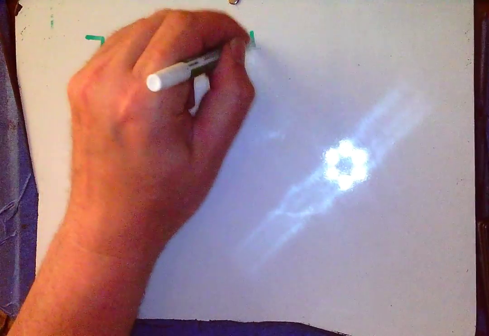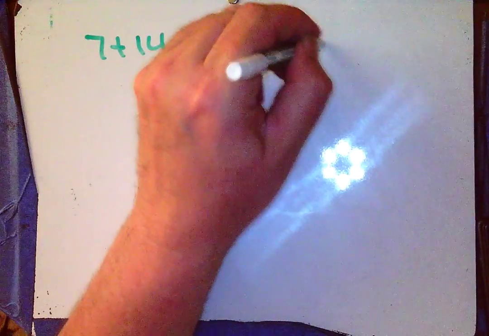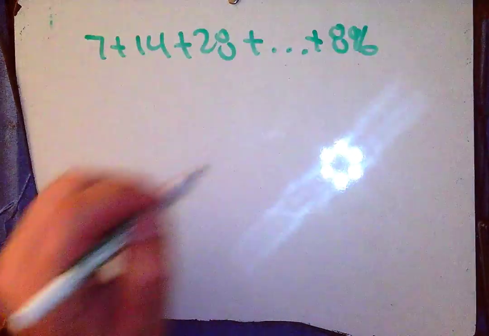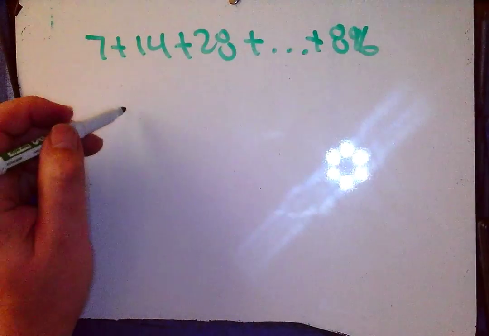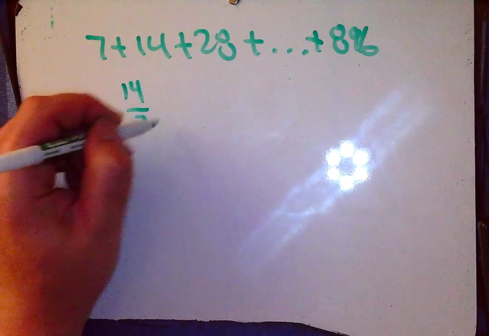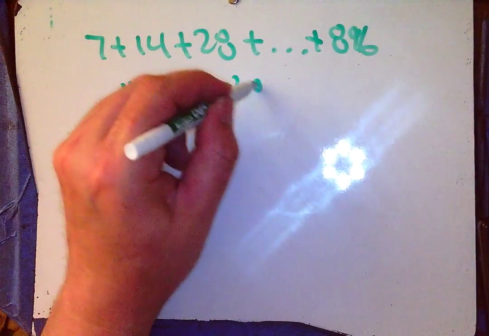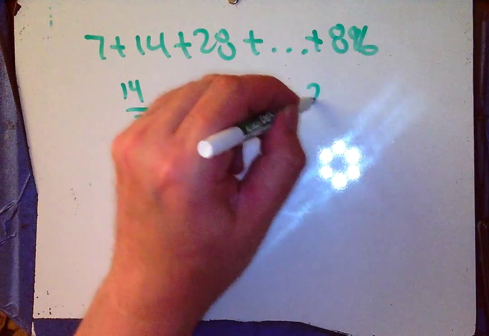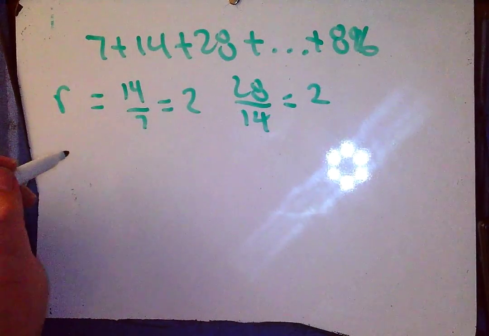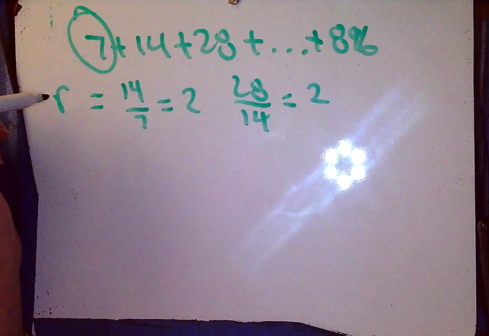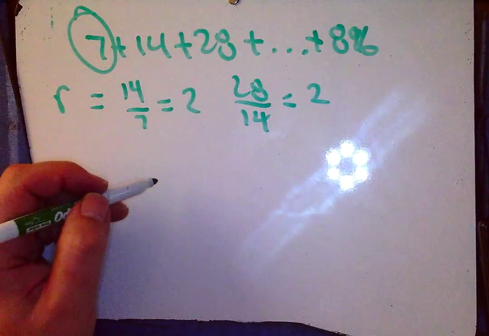so can you rewrite this into sigma form? 7 plus 14 plus 28, and so on, until we get out to 896. Well, at first I think, no problem, 14 divided by 7 is 2, and 28 divided by 14 is 2, and so I know that r equals 2, and I've got my a sub 1, and that sounds fabulous.